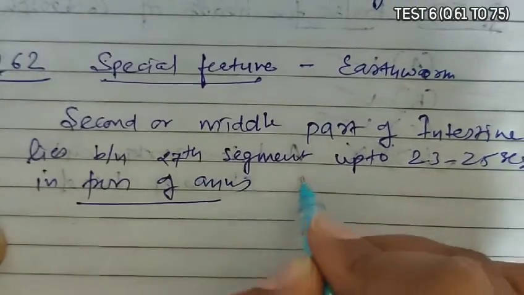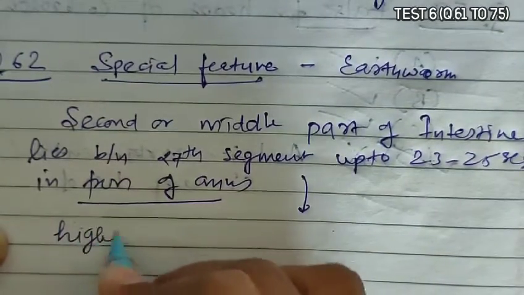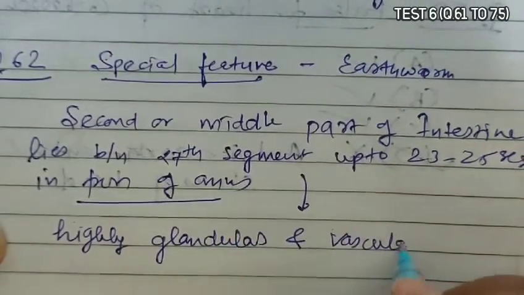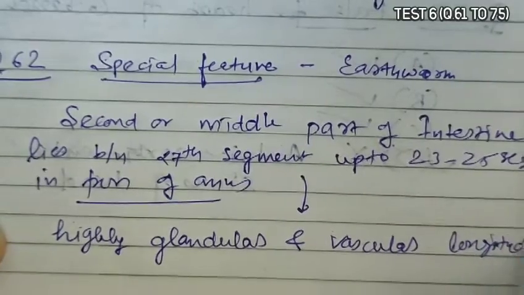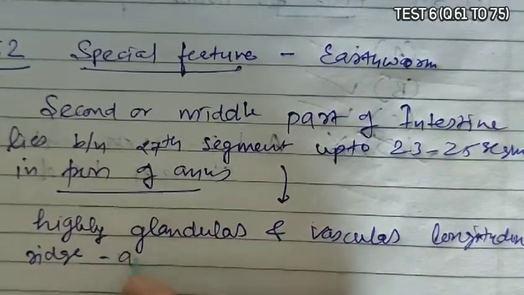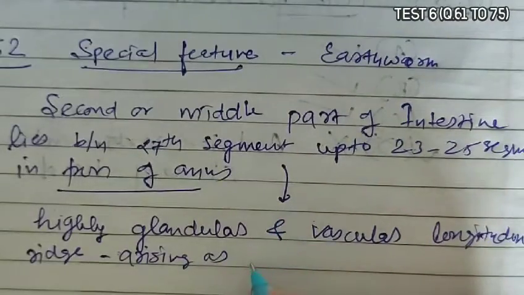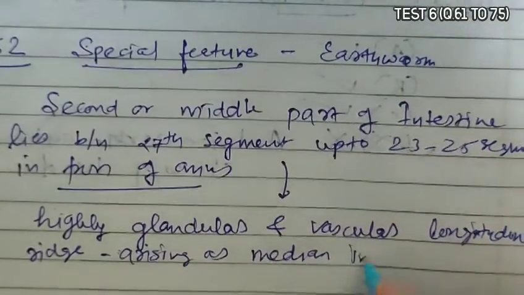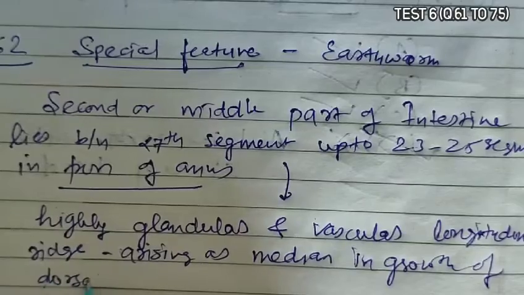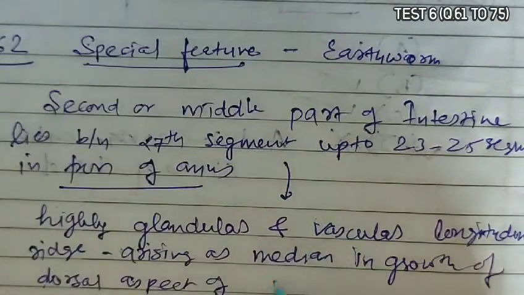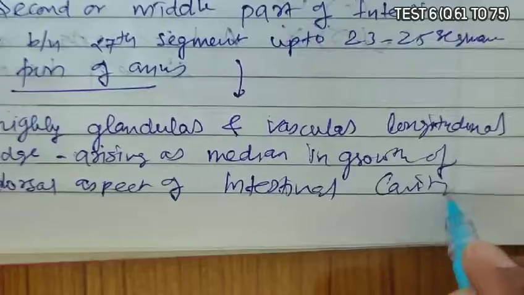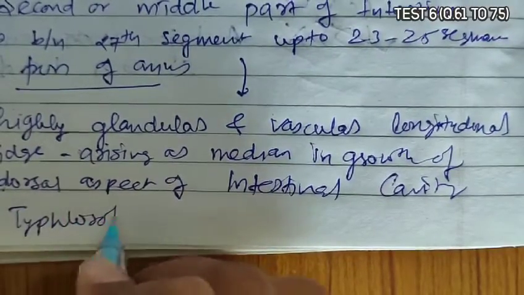This is characterized by the presence of a highly glandular and vascular longitudinal ridge arising as a median ingrowth of the dorsal aspect of the intestinal cavity, and that is known as typhlosole.